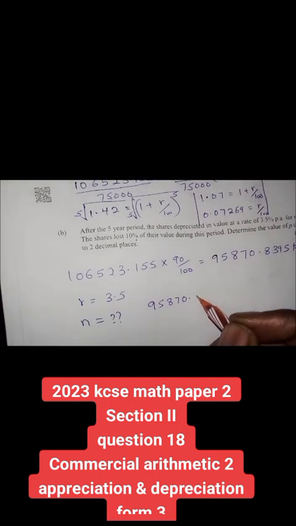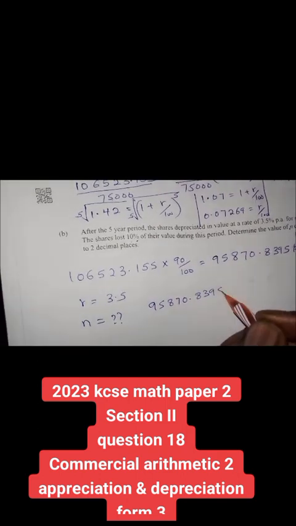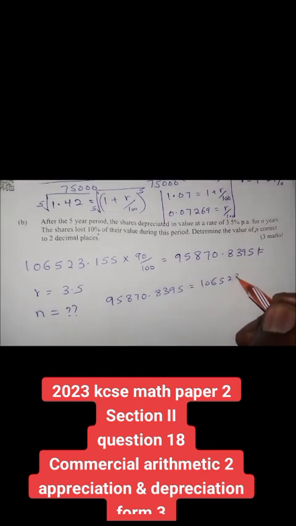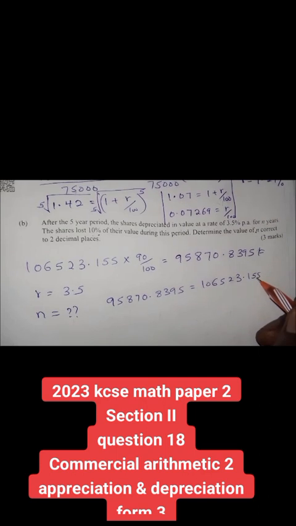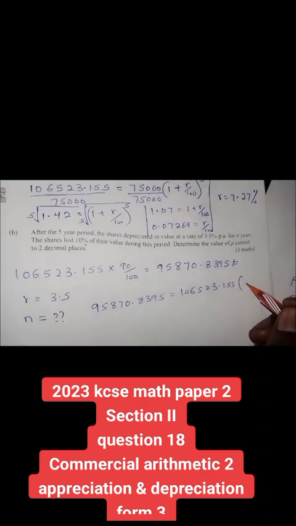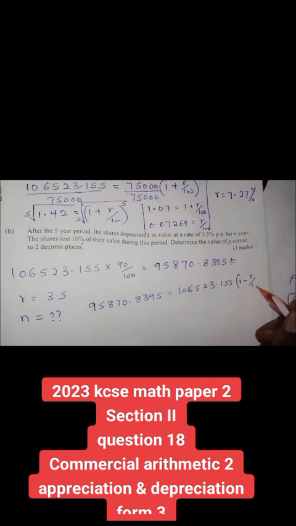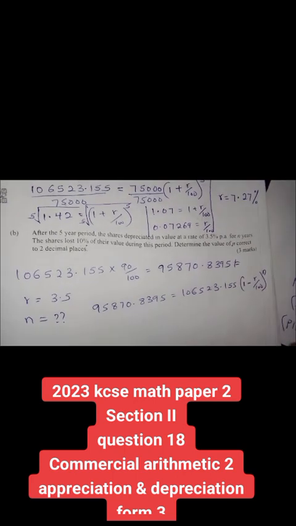If this one is the new amount, the original principal was 106,523.155 times 1 minus the rate. Depreciation is subtraction. That is the only difference between appreciation and depreciation. Appreciation is the same as compound interest where we put addition, but in depreciation we put subtraction.